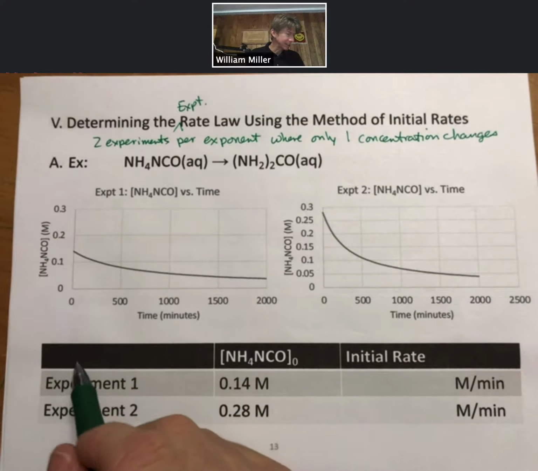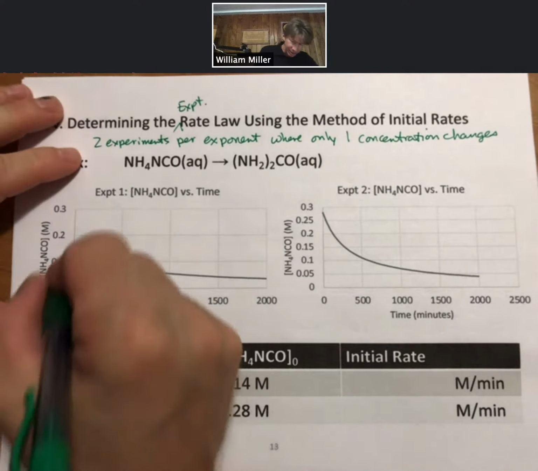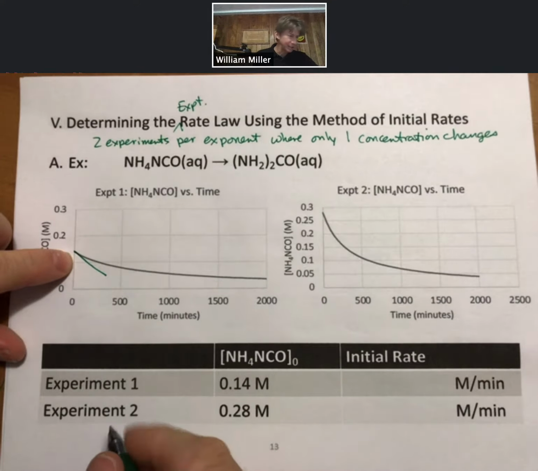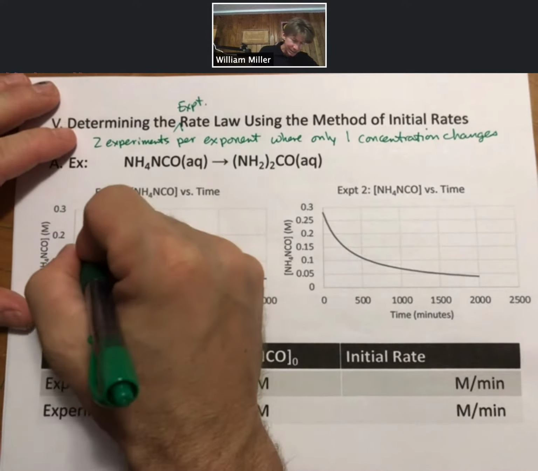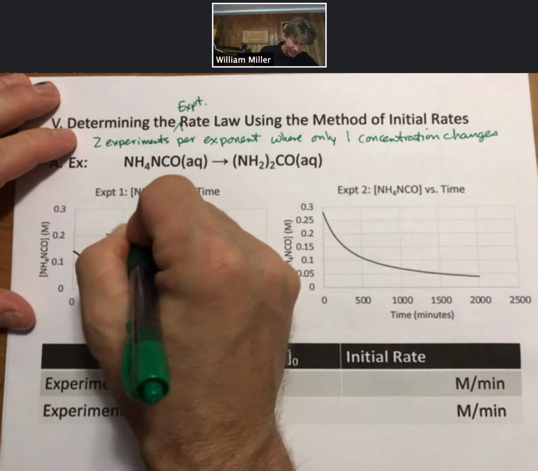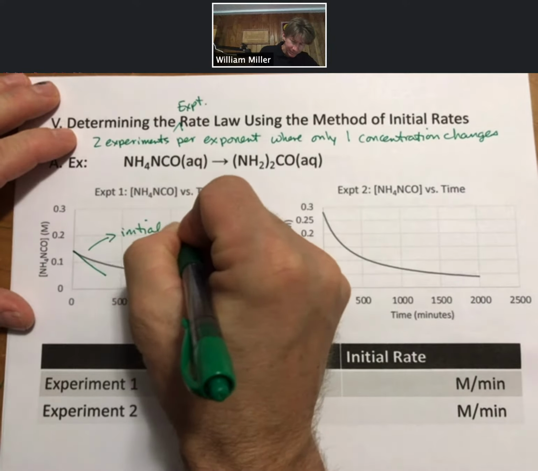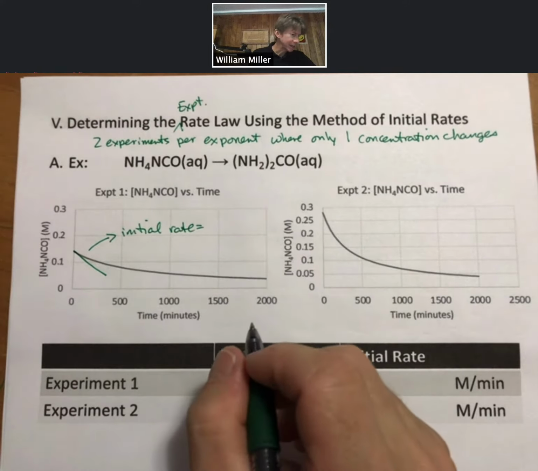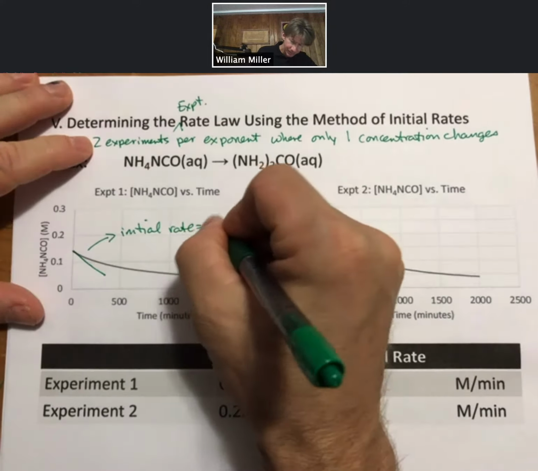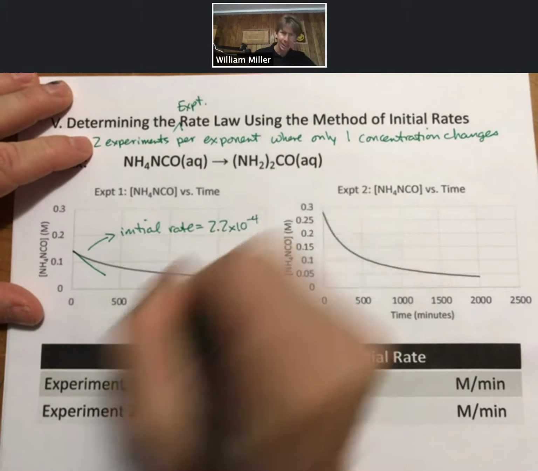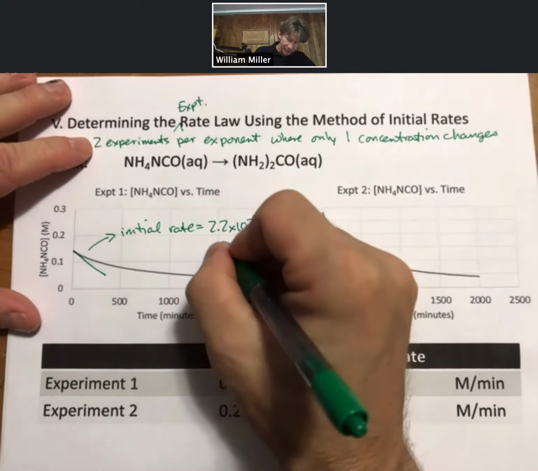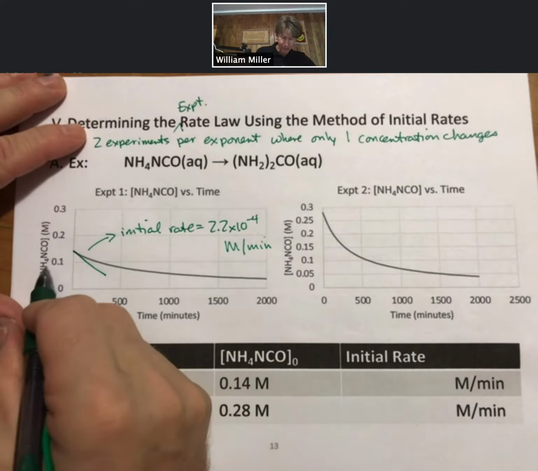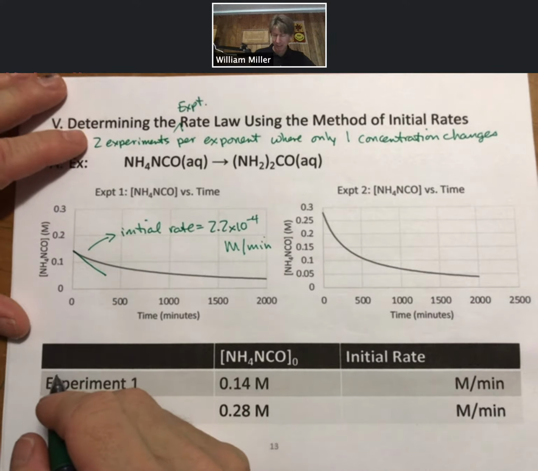You can see that if we were to determine our initial rate by running a tangent right here, then we might see that the initial rate was equal to 2.2 times 10 to the minus fourth molarity per minute, because we have minutes here and molarity on the y-axis.